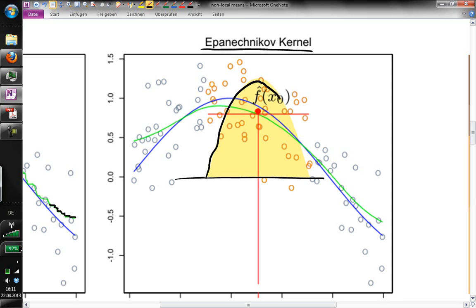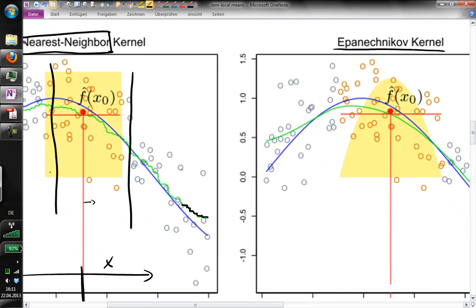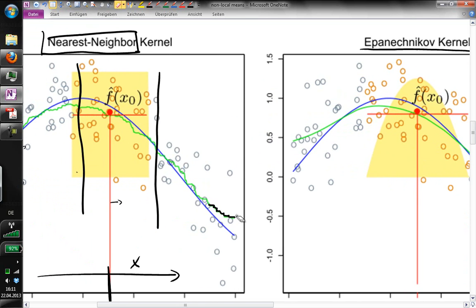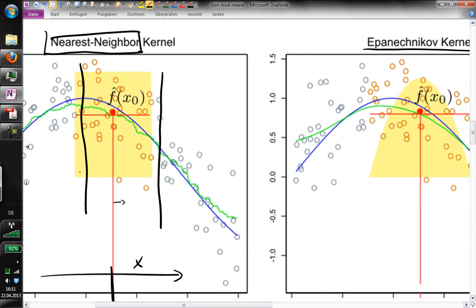Because my kernel now is continuous, so is my estimate. It inherits this continuity. And this is now shown by the green line, which most people would agree is a nicer fit than this jagged line that we saw here.